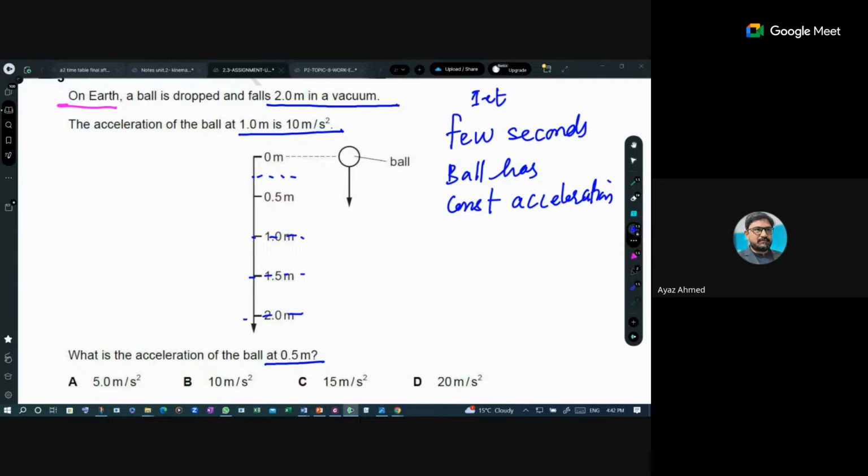Because I told you that in the first 1 second, the ball would travel 5 meters. So this 0.5 meter is traveled in a very small interval of time. So its acceleration would be the same, 10 meter per second square. Got it?